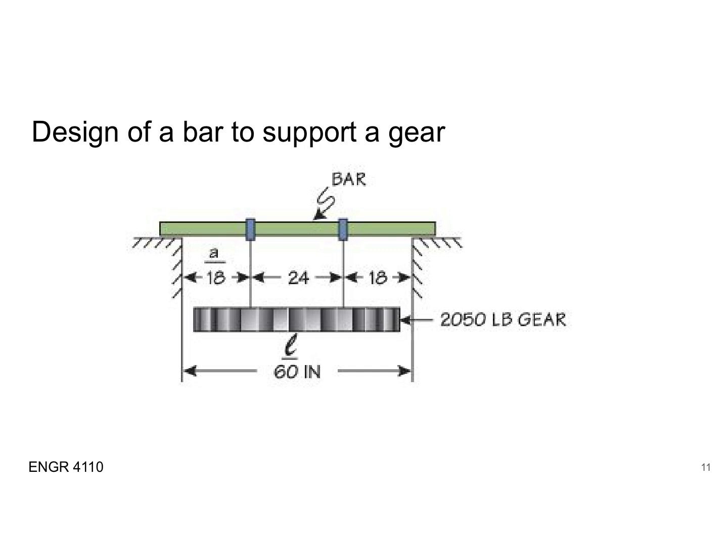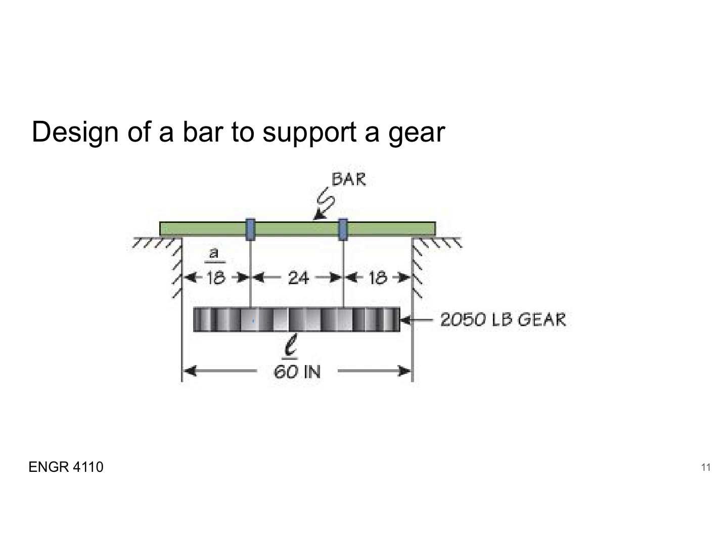All right, so here is an example of a design of a bar to support a gear. We have a gear here that is being supported by the bar and it is being suspended, and we have a 2,050 pound gear.